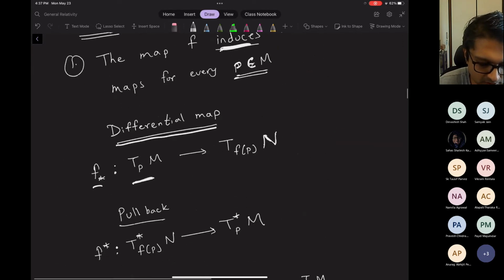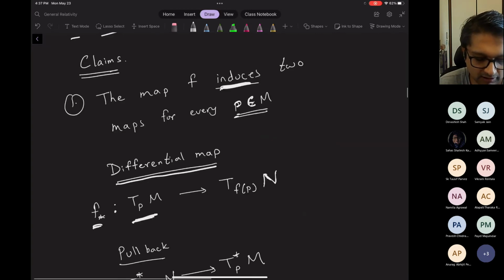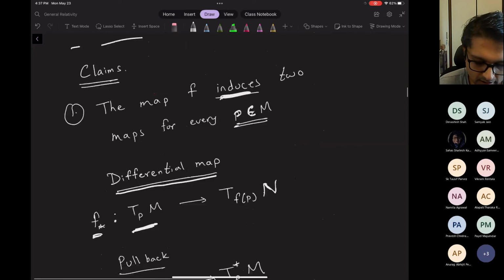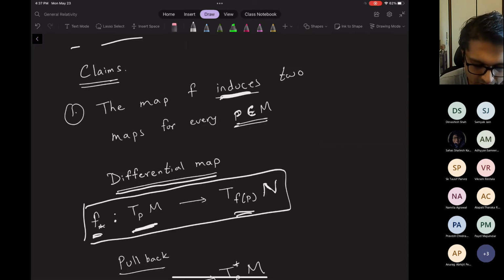This map is called F lower star. It's a map from vectors on M at the point P to vectors on N at the point F of P. So the claim is that this map exists, and it's called a differential map.